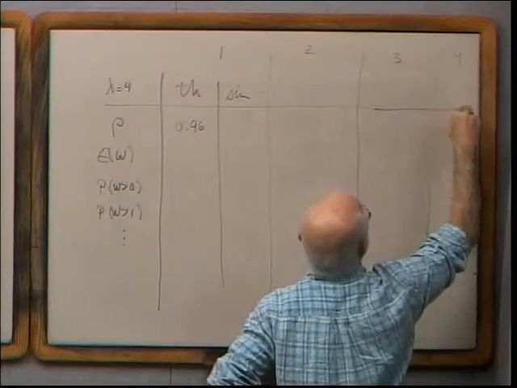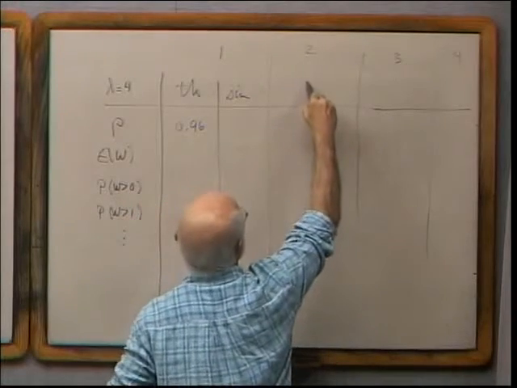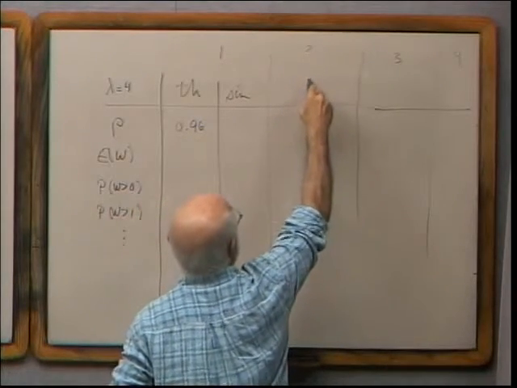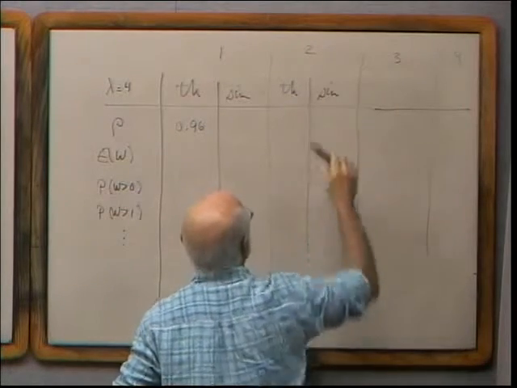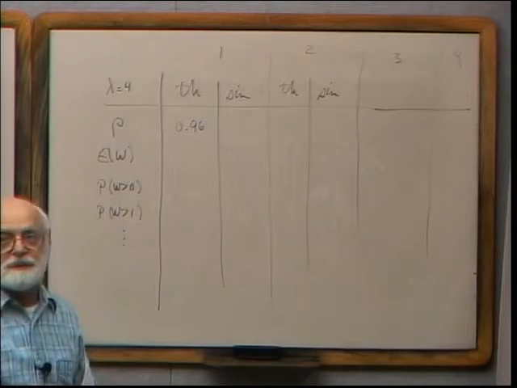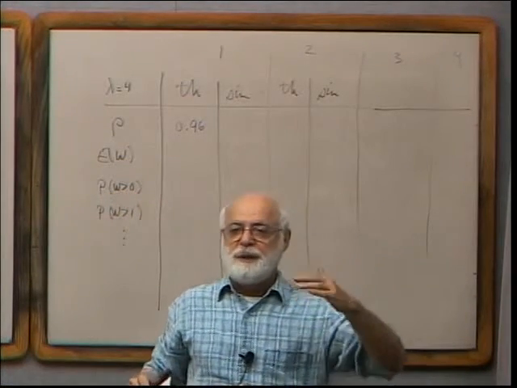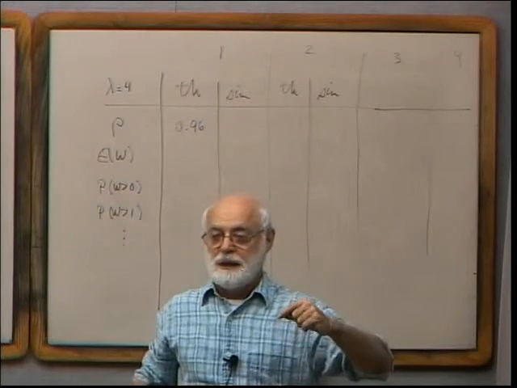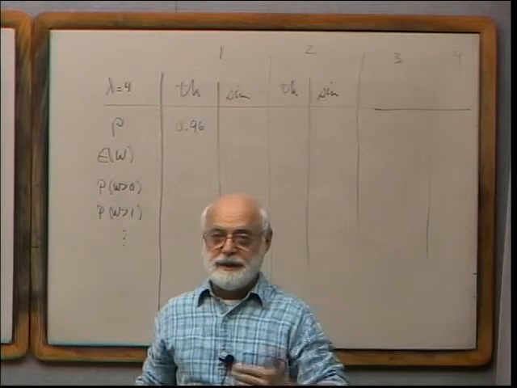Okay, case number 2, got the same stuff. In every case, it's the same stuff, theory and simulation. Case number 2, the assumption is that you have Poisson input but constant service times. So now, some of the theory is going to be the same as before and some is not. Because if you require exponential service times, then the theory is not going to carry over. And if you don't require exponential service times, then it will.